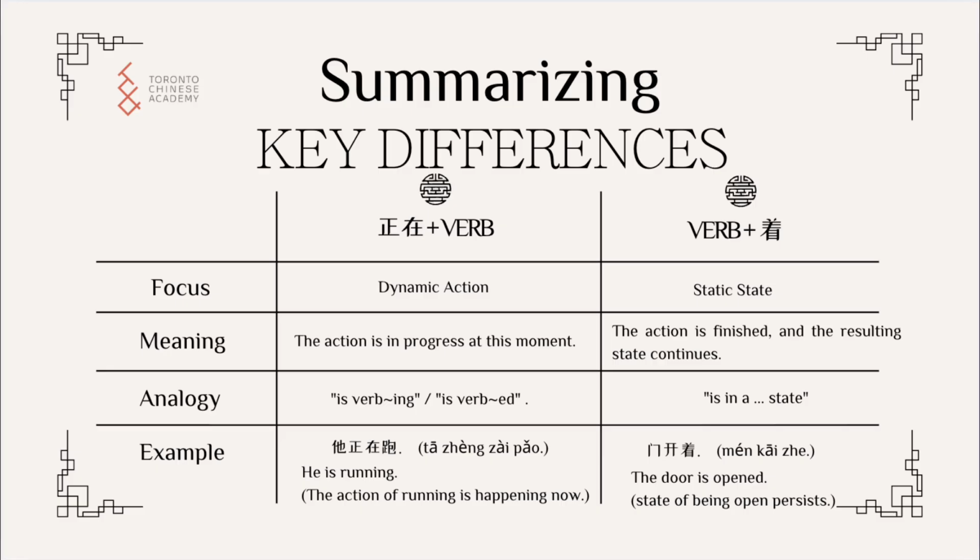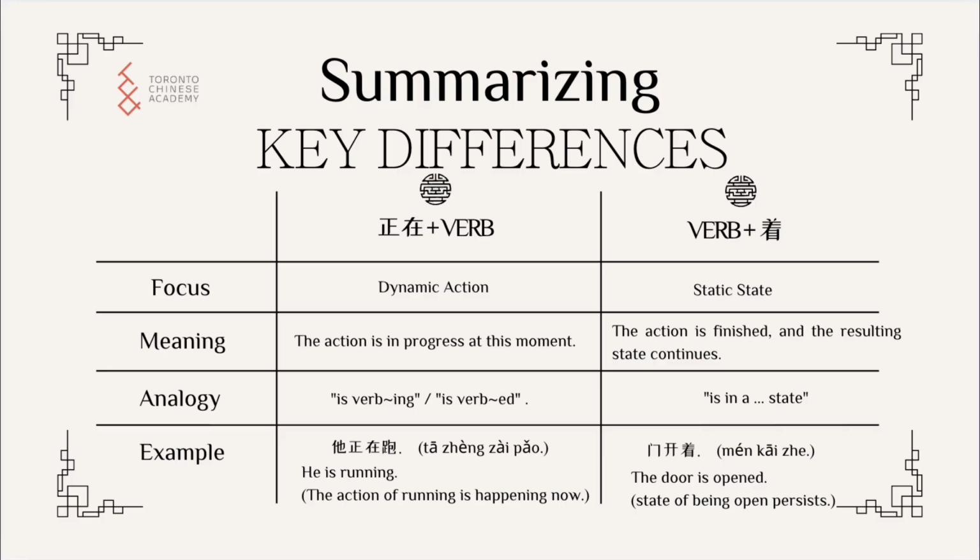The English construction that is analogous to this is verbing or is verbed. And an example of this construction is 他正在跑, which means he is running, and the action of running is happening now.